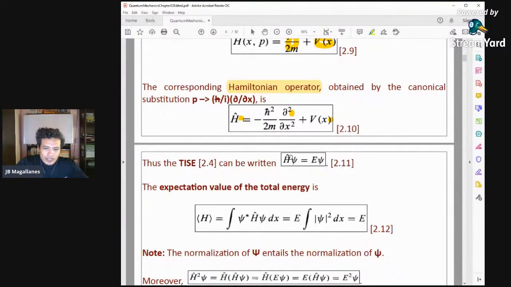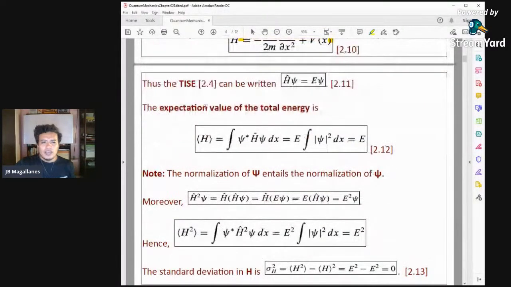This means when you operate the Hamiltonian operator on the stationary wave function, it gives you the energy of that wave function, E. So you can cancel this, and your H hat will give you a value of E as the energy of the system.